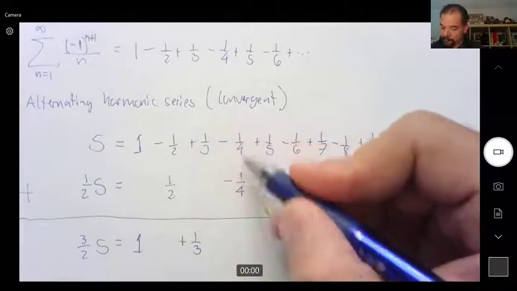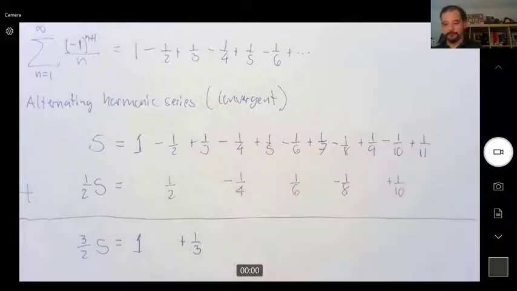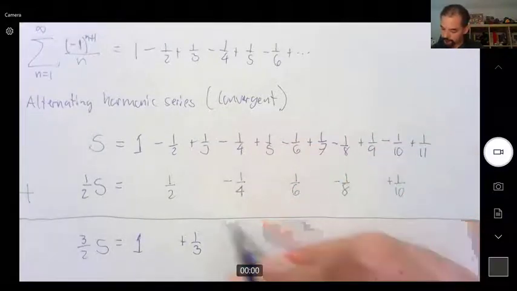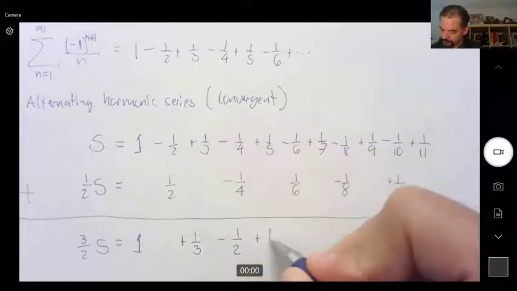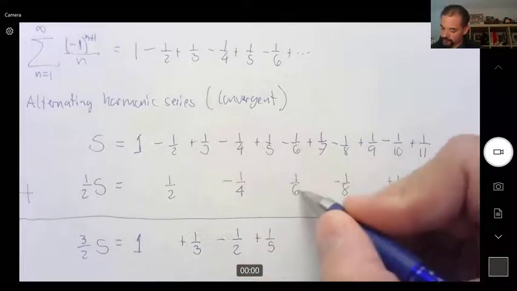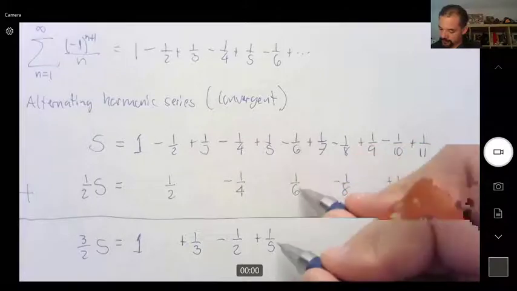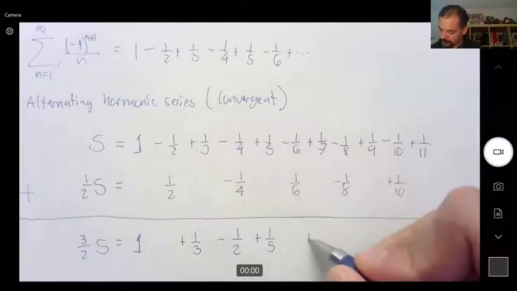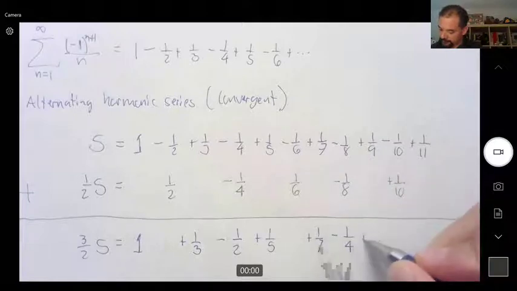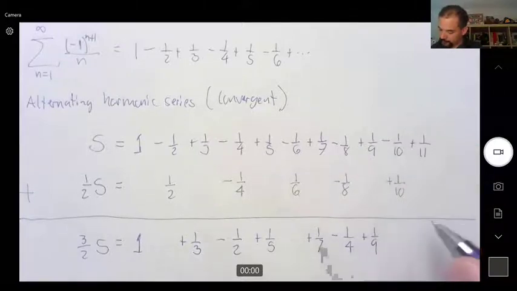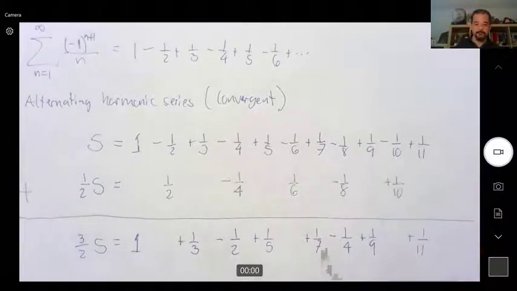And then negative 1/4 and negative 1/4. What is that? Negative 1/2. Yeah, negative 1/2. Good. Then this 1/5 just comes like this. Then this is a negative 1/6, and 1/6 goes away. Then I got a 1/7. Then a negative 1/4, right? Then 1/9. Then this one goes away. Then positive 1/11, etc. Right?